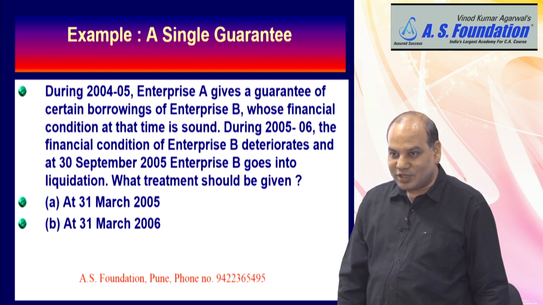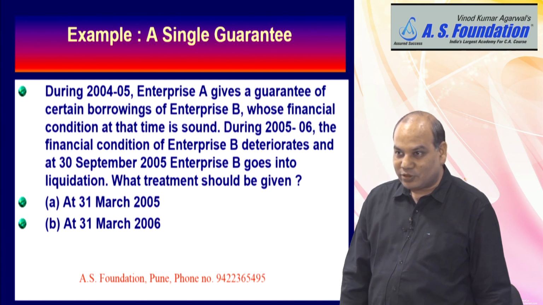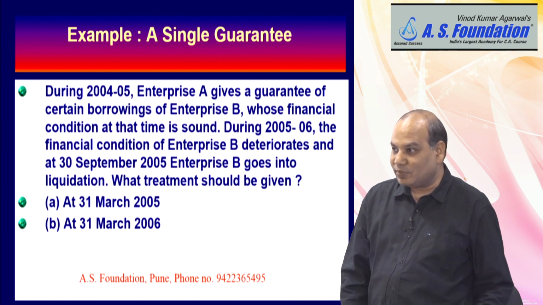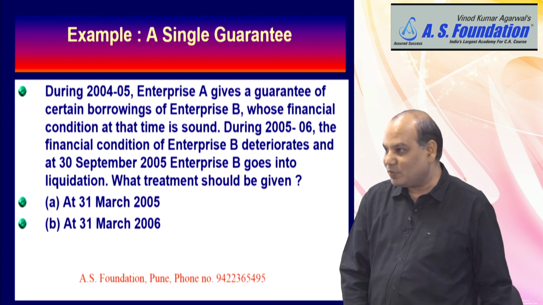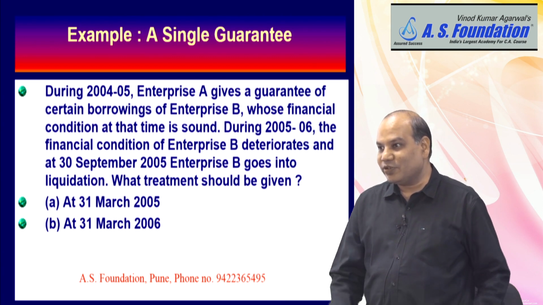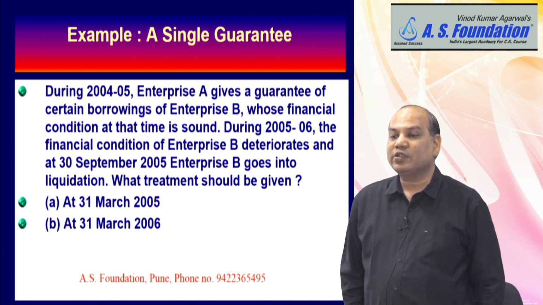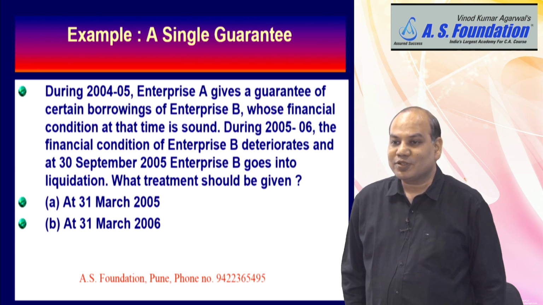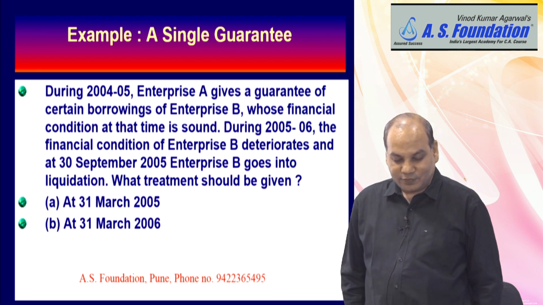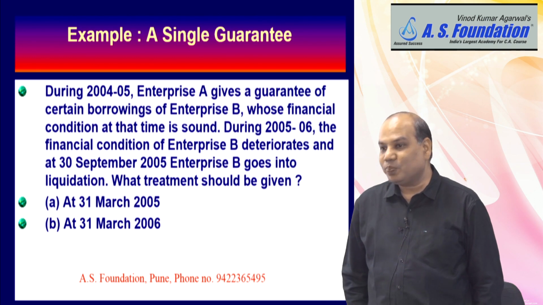Now from contingent liability, it becomes a provision. There is a present obligation now. Now the probability is more than 50% that you will be required to pay. There is a past event. What is the past event? Guarantee given. Outflow of economic resources will take place because you have given the guarantee. So you have to pay the amount.